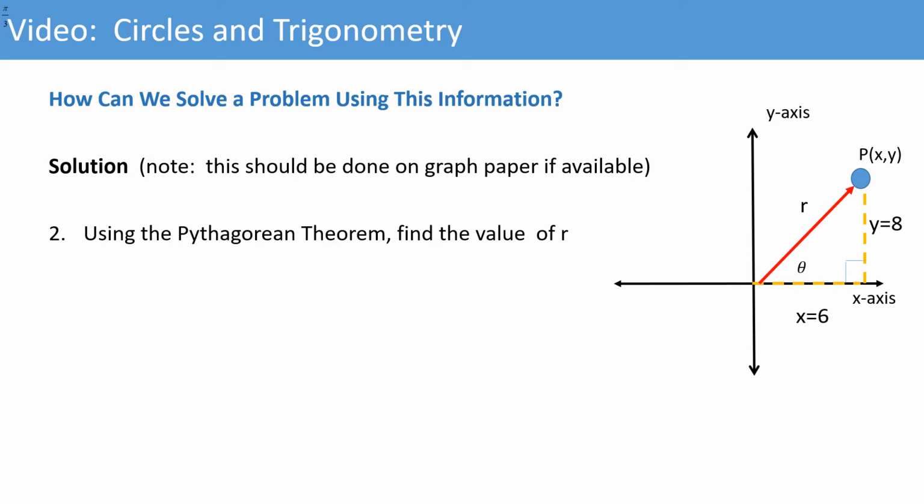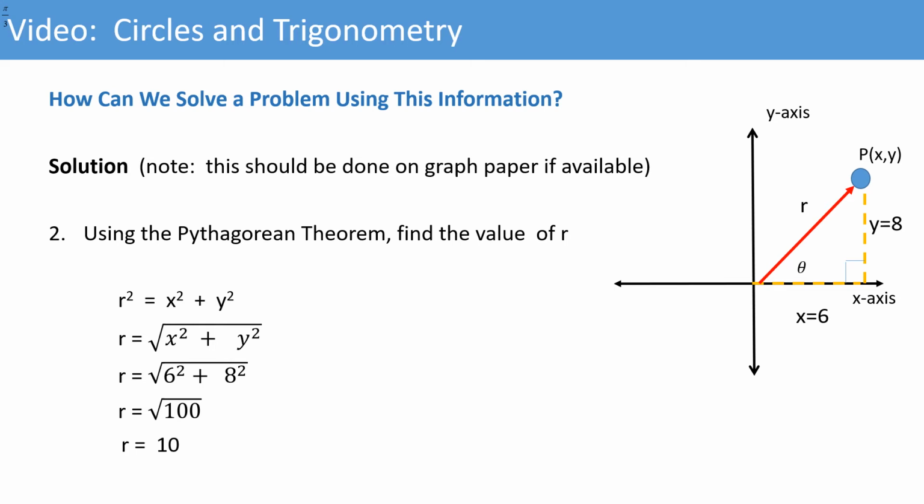We know that we have a right-angled triangle where the x and y meet, and that will allow us to use the Pythagorean theorem. r squared is equal to x squared plus y squared. So r is the square root of x squared plus y squared. When we substitute in the numbers, 6 squared plus 8 squared, that comes out to the square root of 100, which is 10.